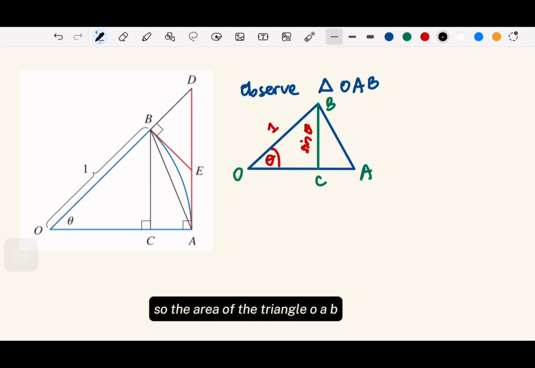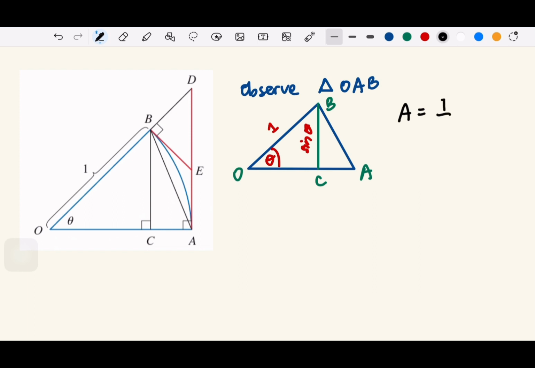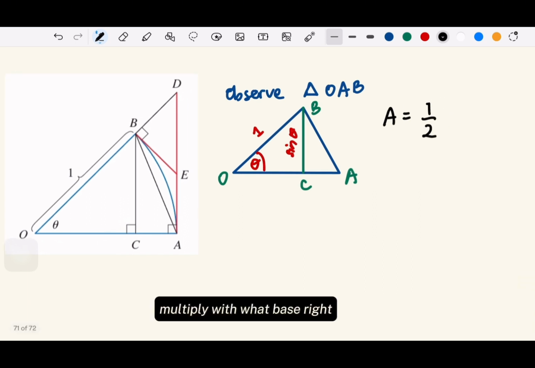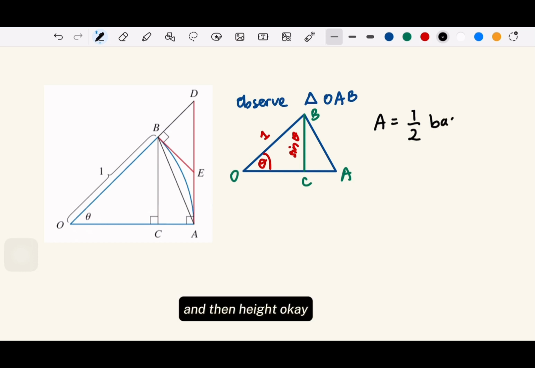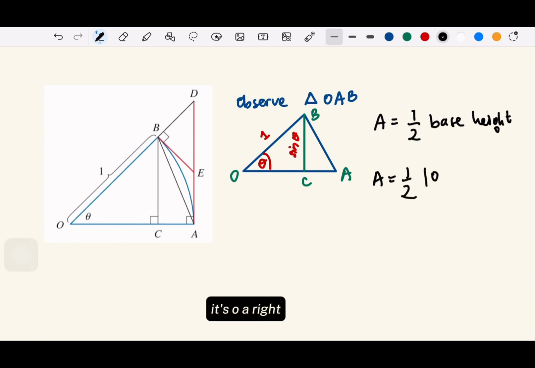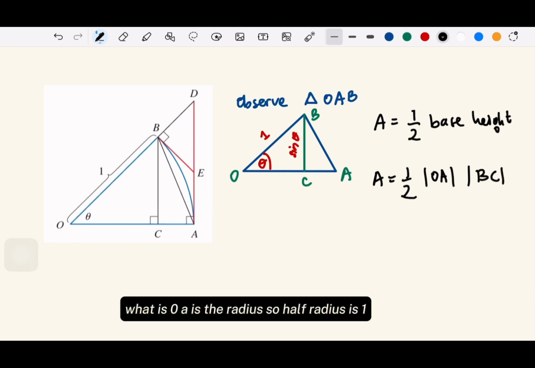So the area of the triangle OAB: area of a triangle is half multiplied by the base and then the height. In this case, half, the base is OA and the height is BC. OA is the radius, which is 1.